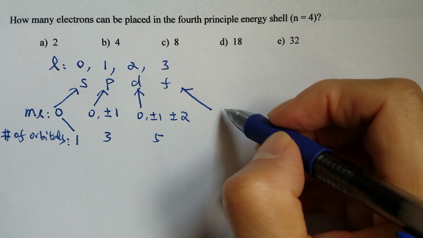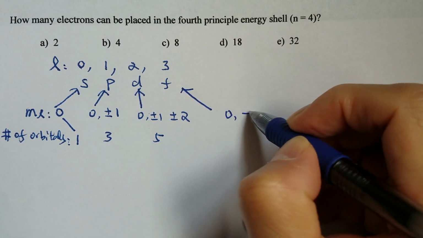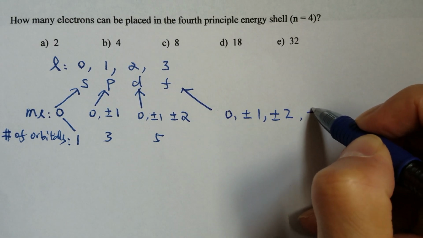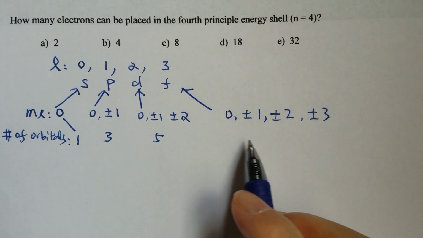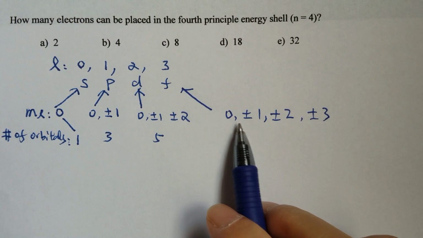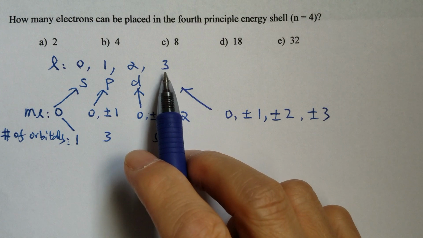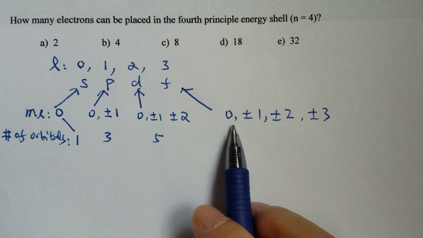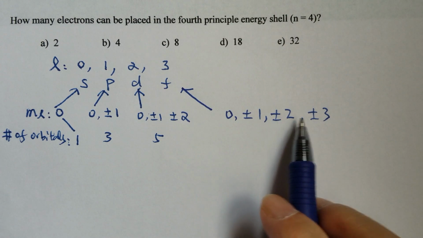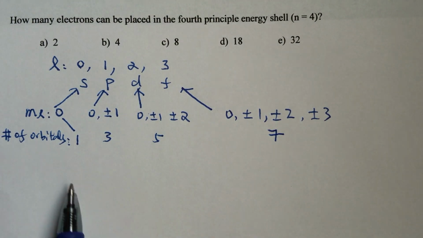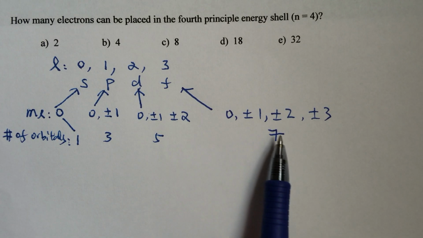L equals 3, okay? So then the total number of ML values, 2L plus 1, 2 times 3, that's 6, plus 1, that's 7. And count, of course, there are 7 values. Okay, so now those are the number of orbitals.